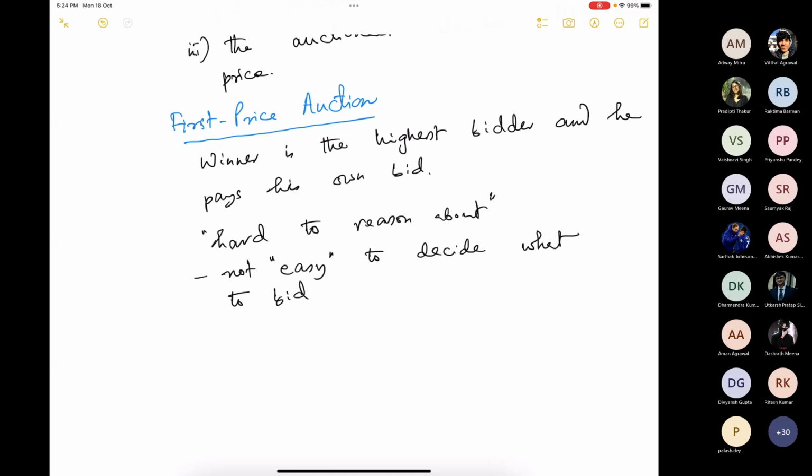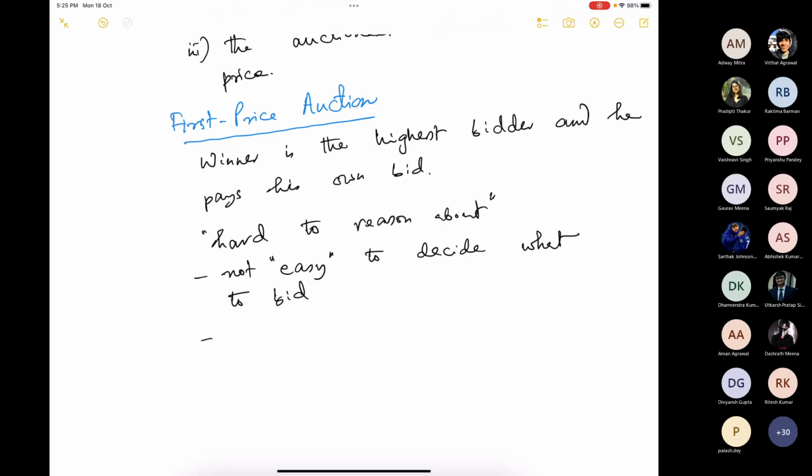Okay. Now, if the potential buyers cannot decide what to bid, then think of the auctioneer, the player who is selling the item. Even if he knows the valuations of all the players in a hypothetical scenario, in reality he doesn't, because the valuation is private information to the player only.